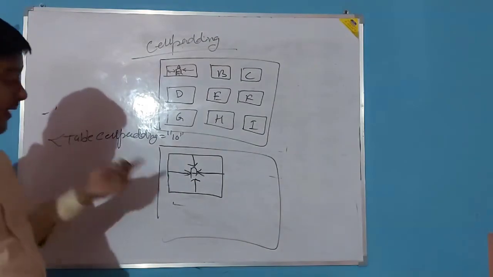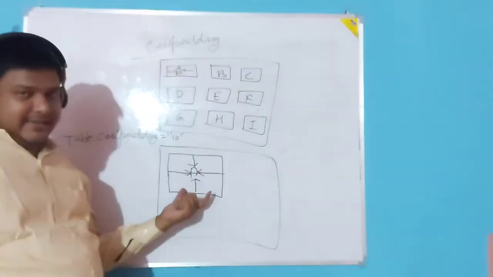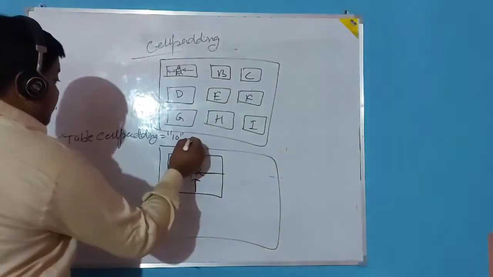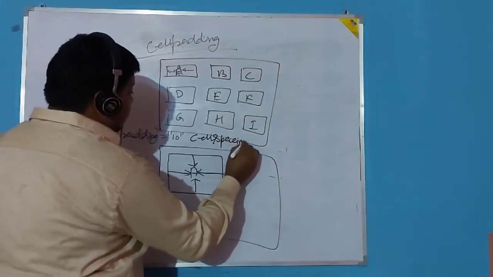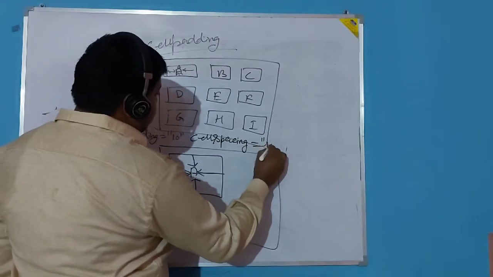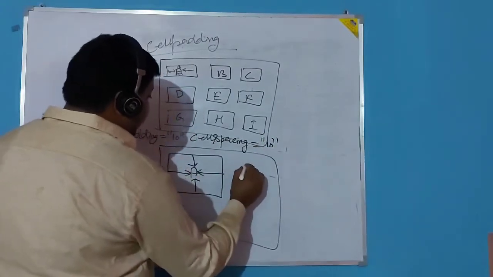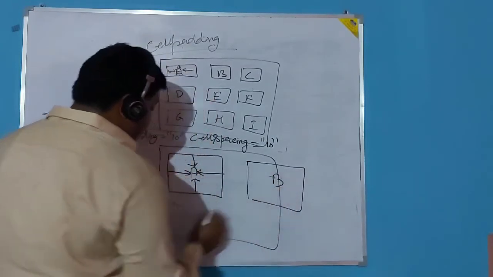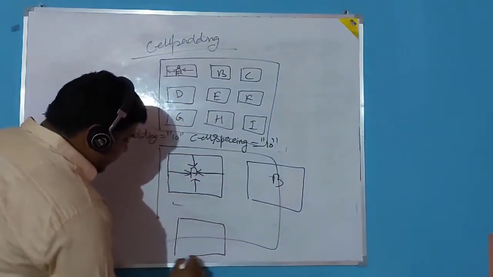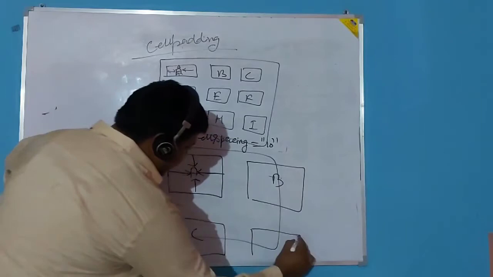So it will display the cells like that. And if you have used cell spacing also, then suppose we have two cells, then again 10 space, then again B, then here C, and then again here D.